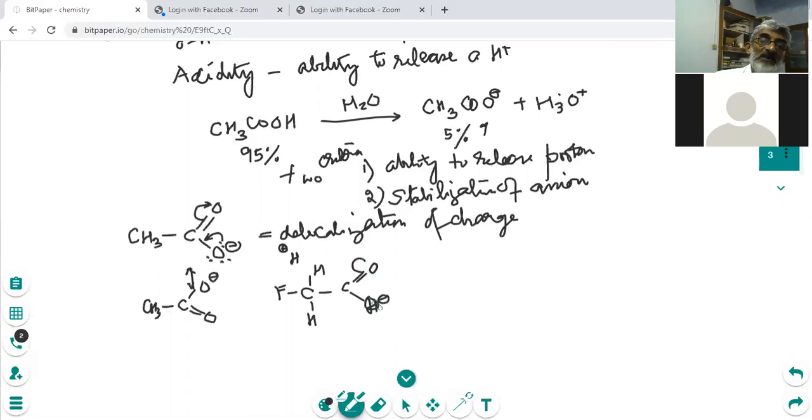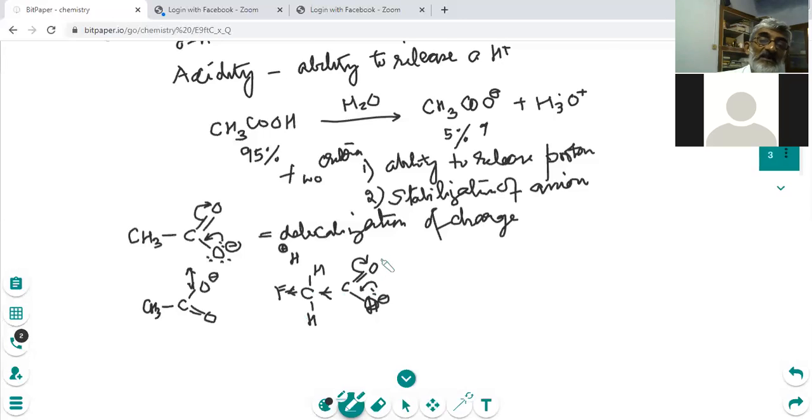Already this mesomeric effect is there. Along with that, look at the inductive effect. These electrons are attracted towards here. This will be attracted towards this side. What is the result? The result is electron is getting delocalized over to this side also.